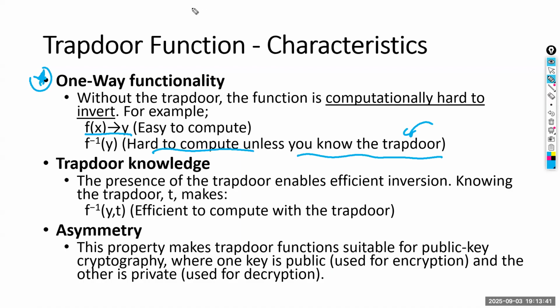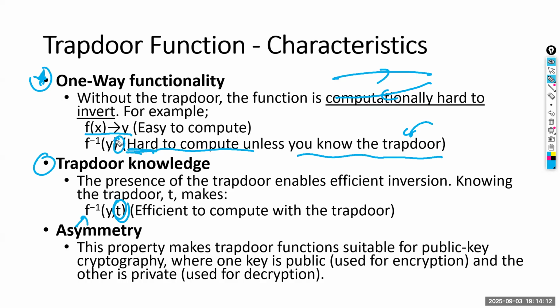So that is one-way functionality: forward easy, backward difficult. The second feature is trapdoor knowledge. To efficiently calculate the return task, you need some additional piece of information. With that information, it's efficient. Without it, it's hard.